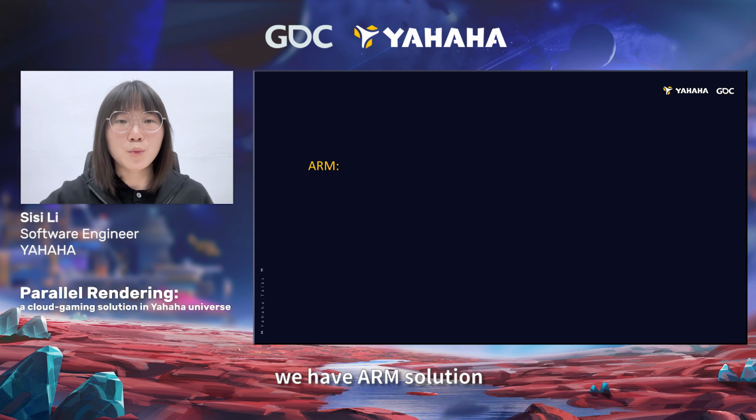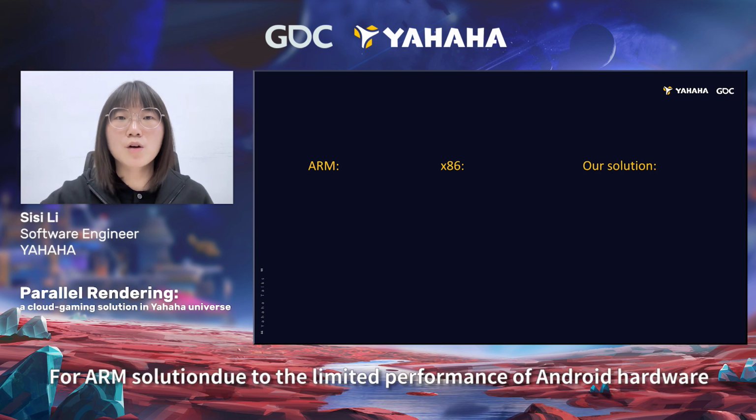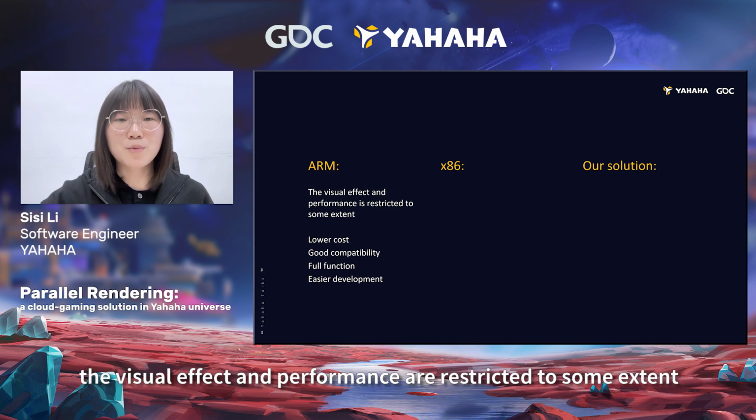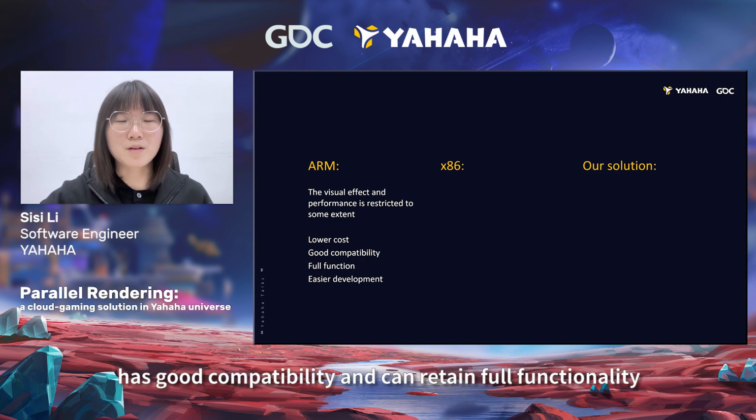To sum up, we have the ARM solution, the x86 solution, and our proposed solution. For the ARM solution, due to the limited performance of Android hardware, the visual effect and the performance are restricted to some extent, but it costs less, has good compatibility, and can retain full functionality.